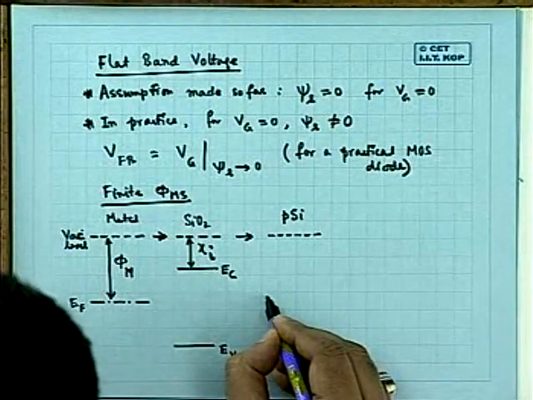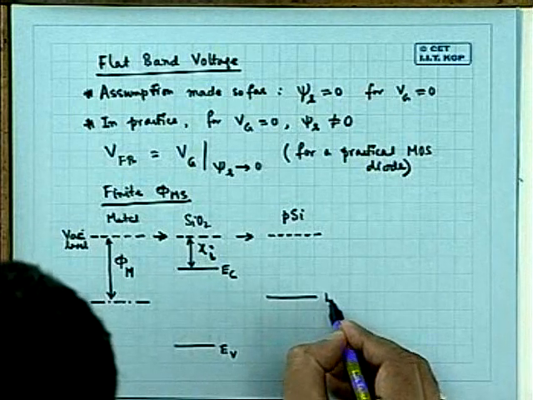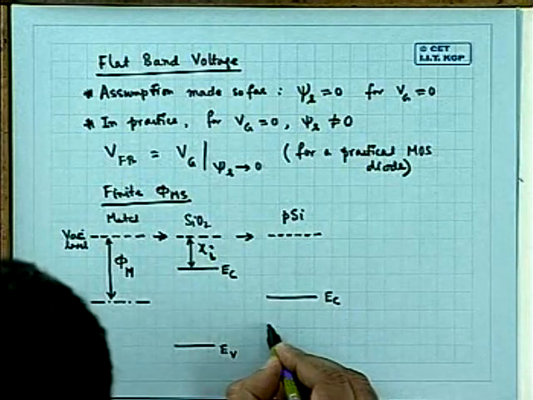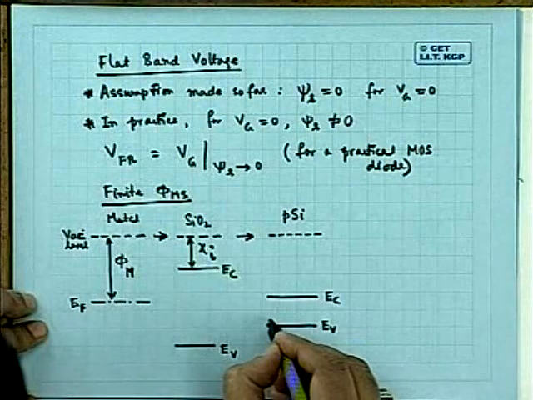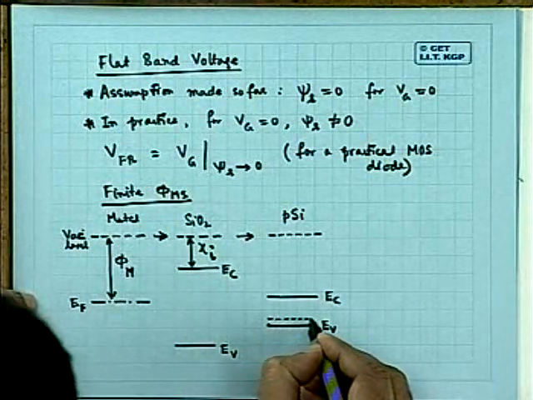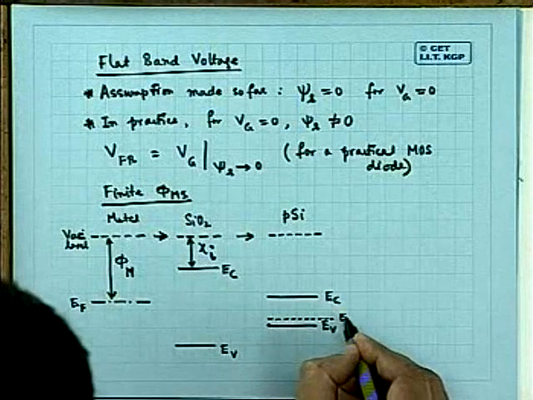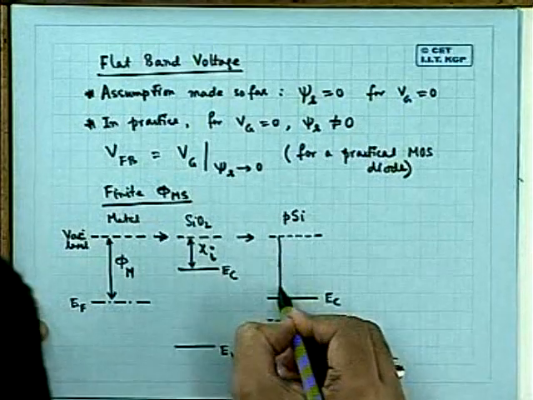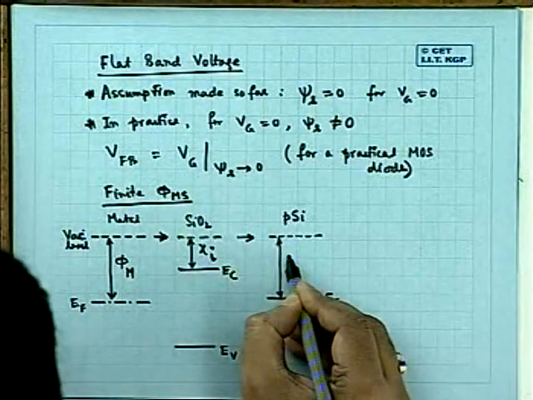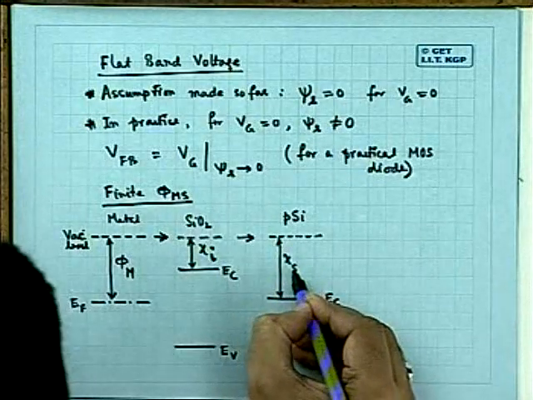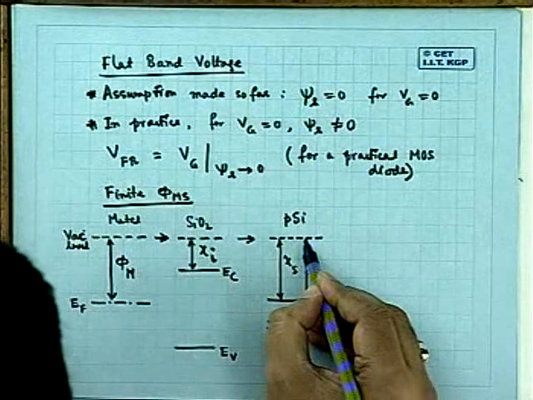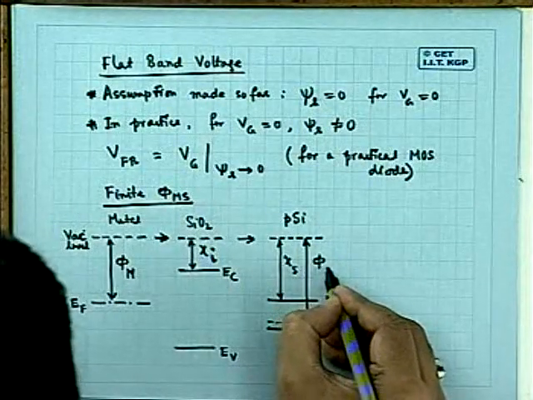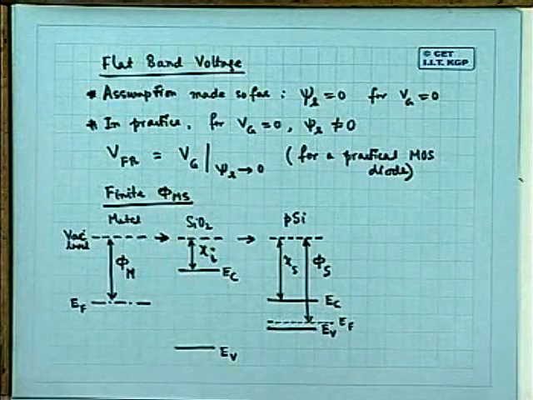And somewhere here your conduction band, somewhere here your valence band, and somewhere here your Fermi level. This I call the electron affinity of the semiconductor, and by analogy with the metal, I call it phi s. It's a semiconductor work function.